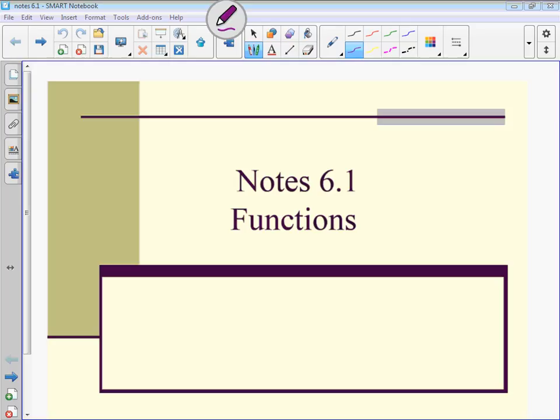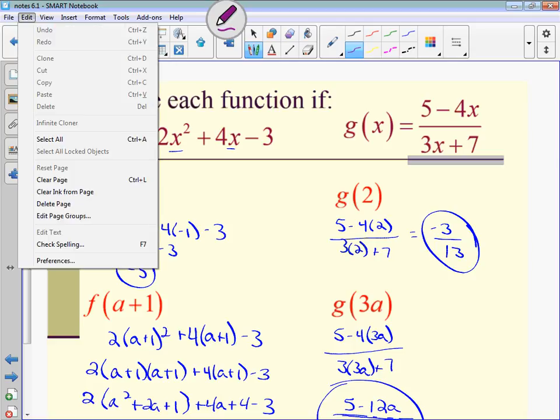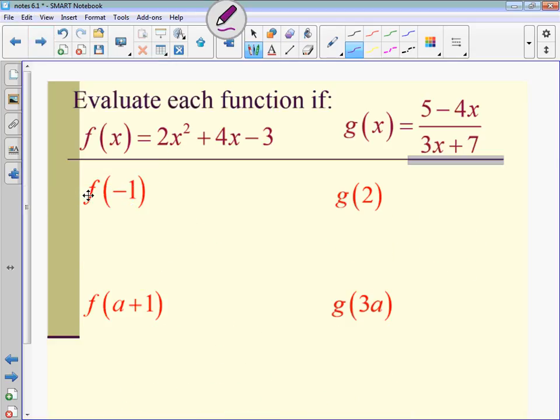All right, guys, jot down the title, 6-1 functions. A lot of what we do today you will have seen before in Algebra 2, okay? Yeah, just without your calculator. All right, we are going to do some function evaluation.